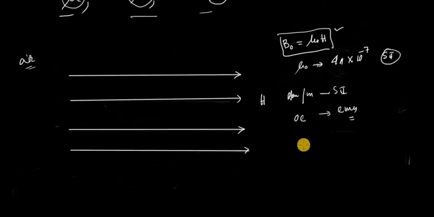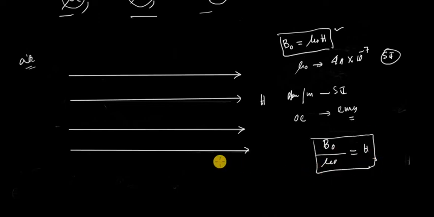That means if we have the lines of force per unit area given, and we divide this by the magnetic permeability in free space, we get the magnetic intensity at that point. So these are the relations between B0, mu 0 and H.